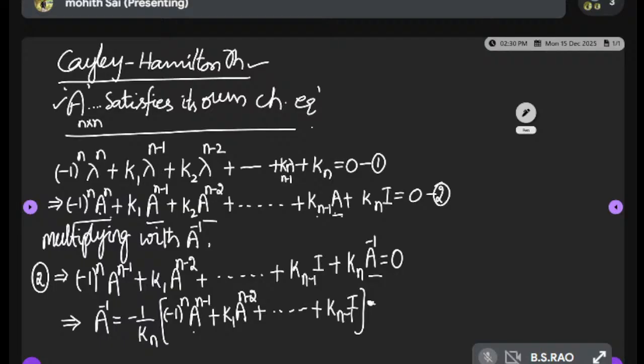If A is of order n by n, we can use the powers of A up to A power n minus 1.